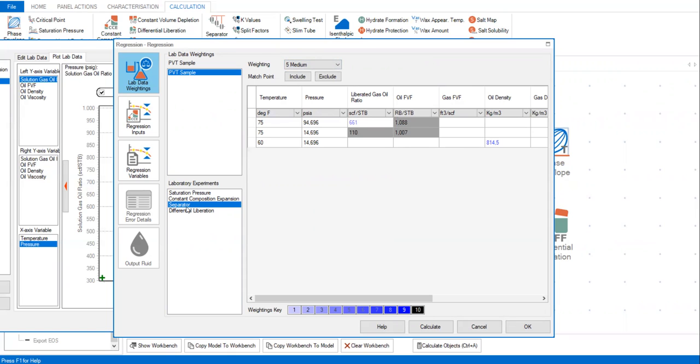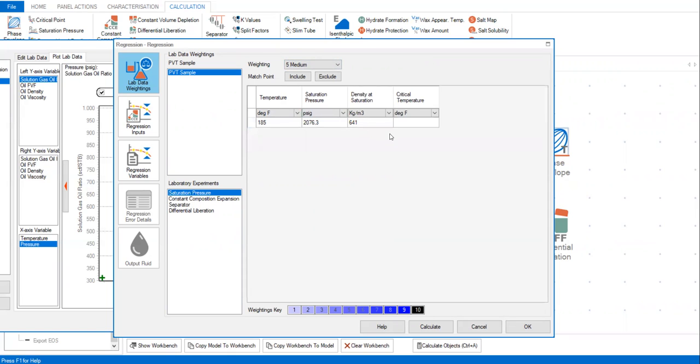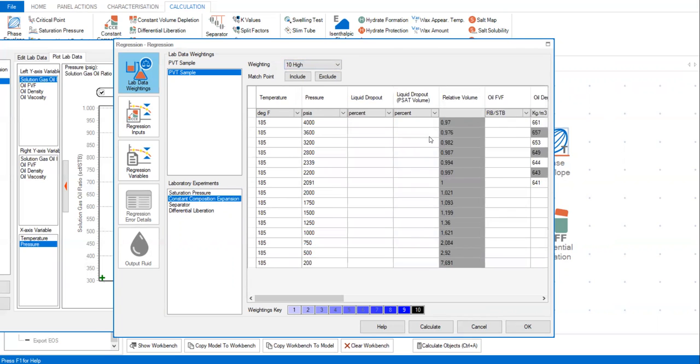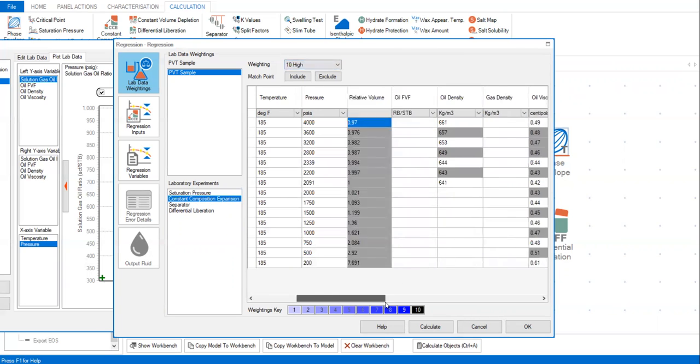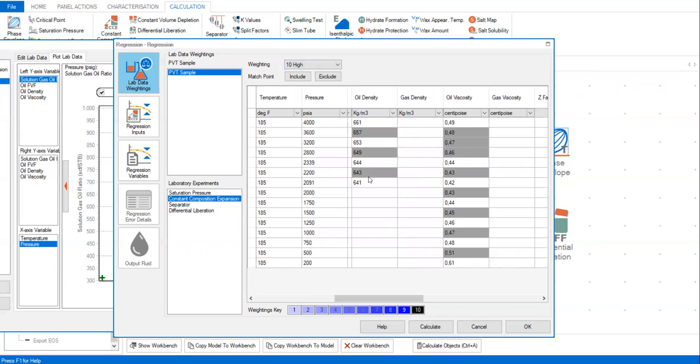Okay, so let's recap. Saturation pressure, everything will be included, with weighting of 10, okay? And then for the constant composition expansion, this will be excluded, this will be included, but not all of them, and we put weighting of 10.